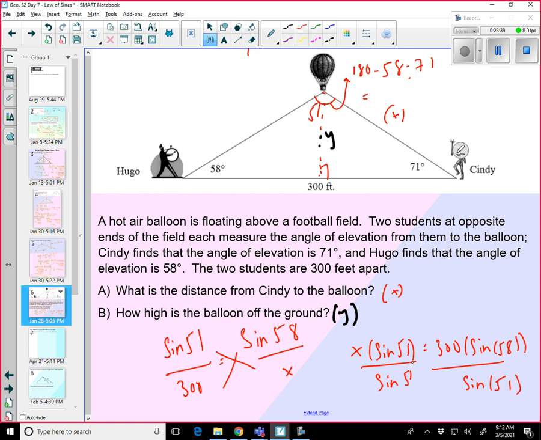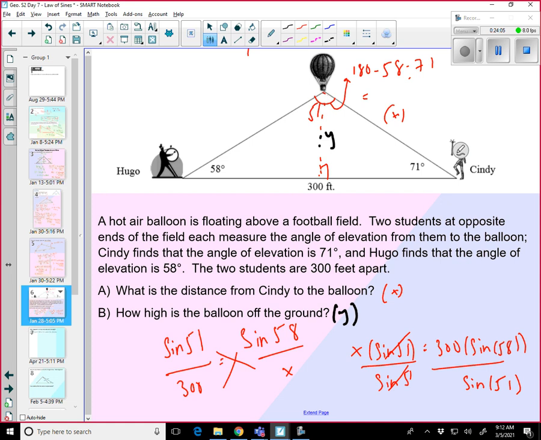Once we divide by sine 51 on both sides, the sine 51 terms get crossed out. We can substitute this in calculator to get the value of x. Make sure the mode is in degrees. So once again 300 times sine of 58 divided by sine of 51.